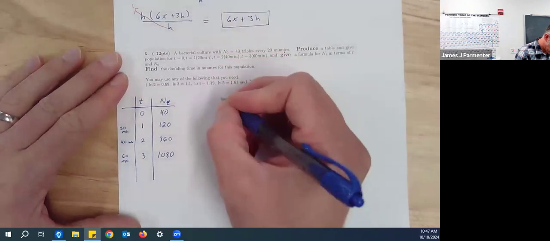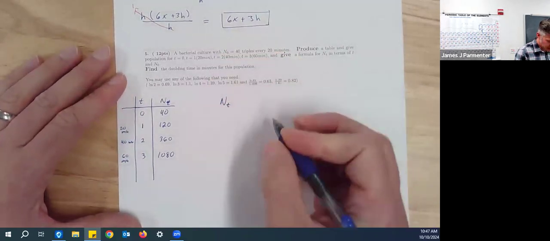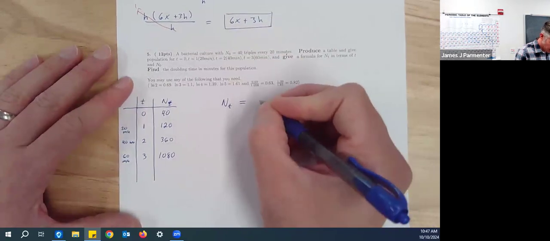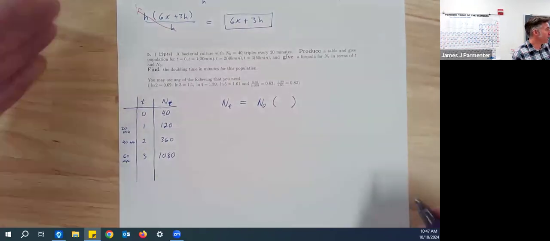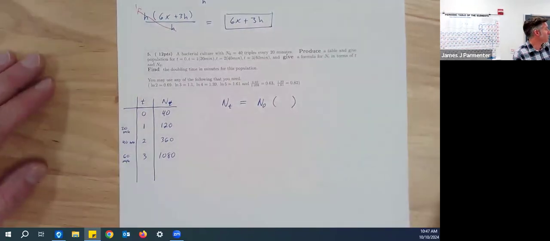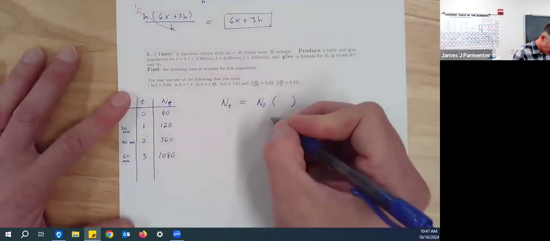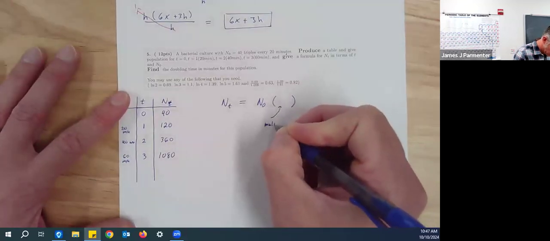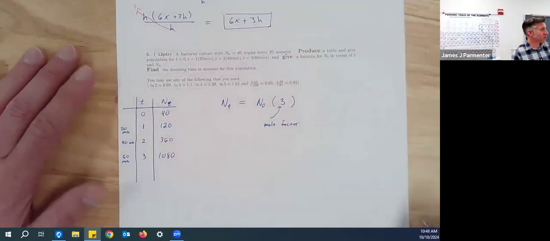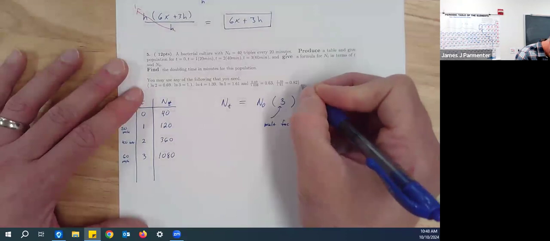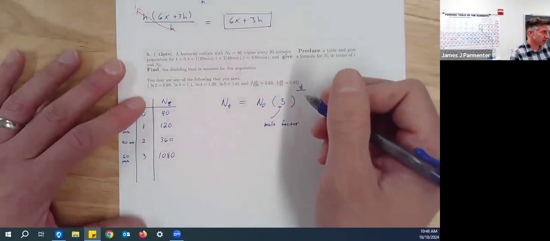The formula, N sub t, or I would probably write N of t, but fine. N sub t is equal to the initial population times the multiplication factor. In this case, it's tripling, right? So times the multiplication factor raised to the t divided by how long it takes to do the thing.